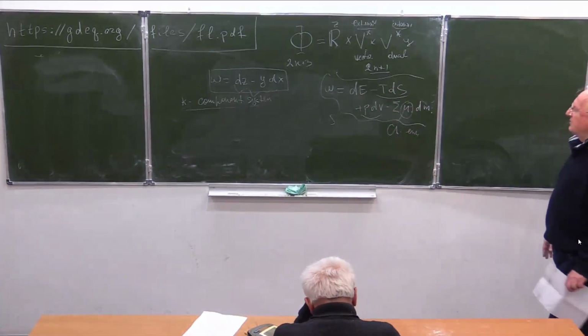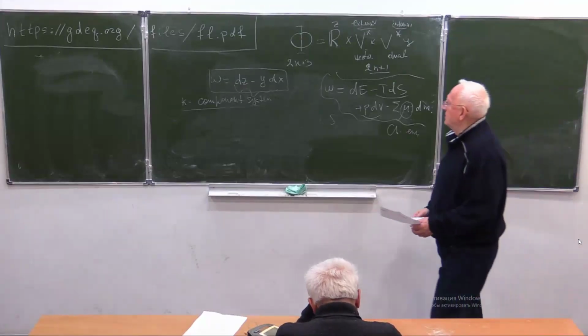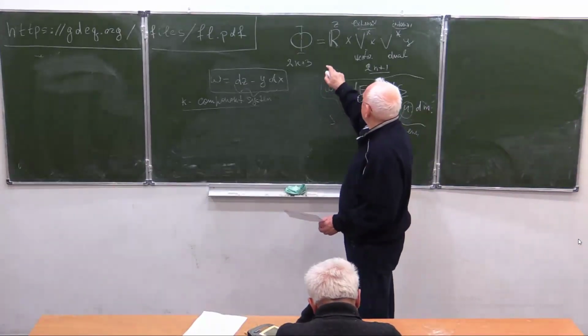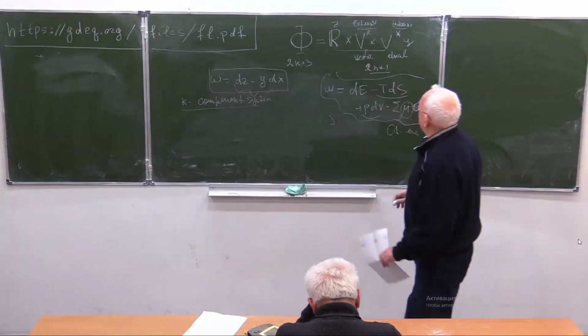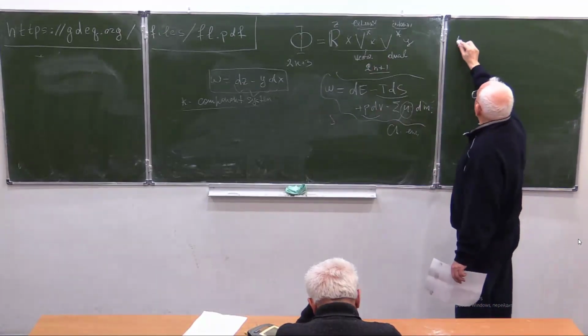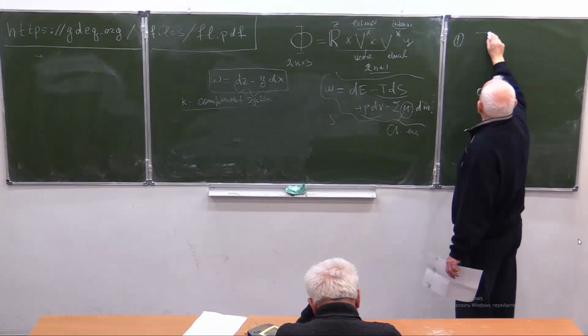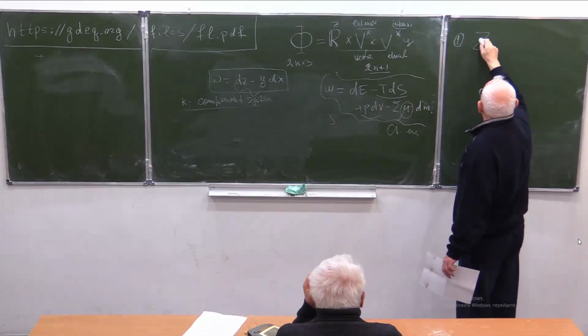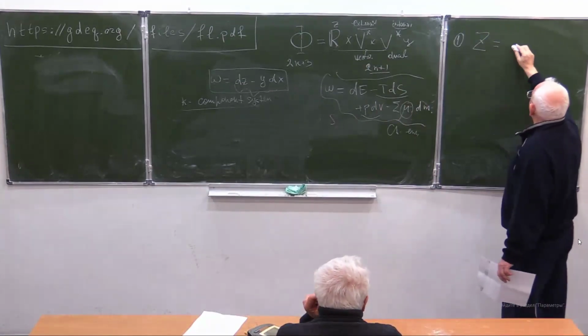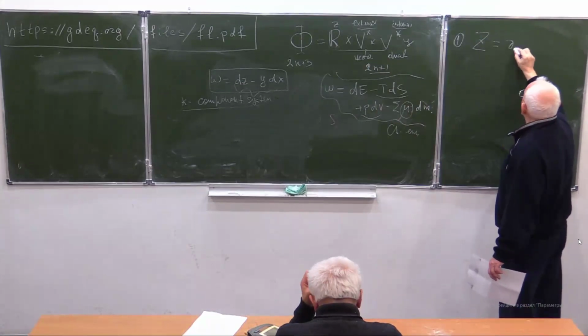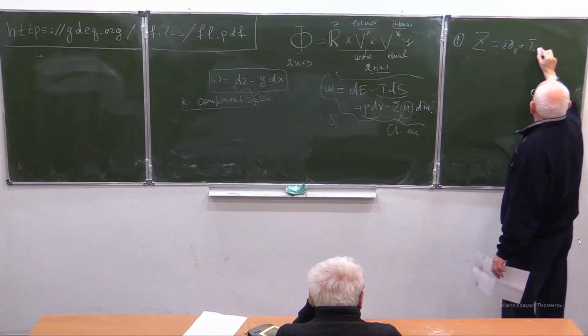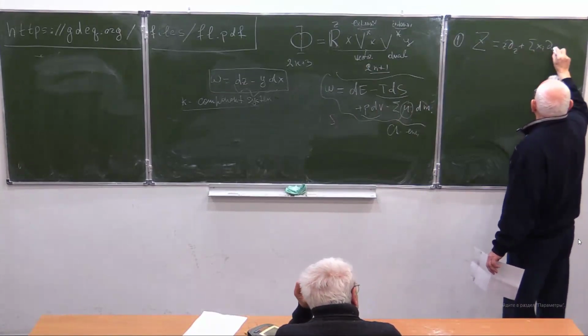But together with this form, there are two very important extra constructions for this type of manifold. So the first construction is this one. I will write that: dz plus 1 times r dx1.